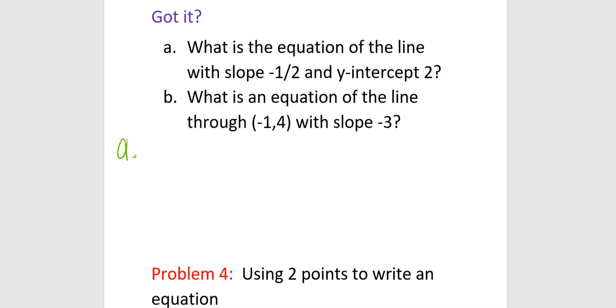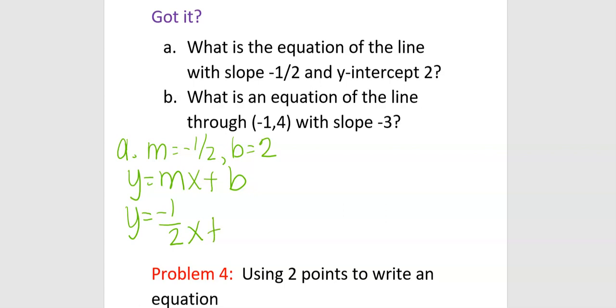Okay, so for part A, my slope is m equals -1/2. The y-intercept is 2. That's my b part. And I'm going to plug it into this equation. Now, you don't always have to write that. I'm just doing that so you can see what I'm doing. So the -1/2 goes in for m.